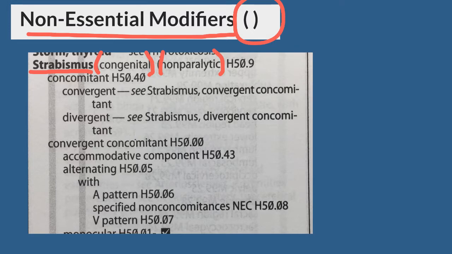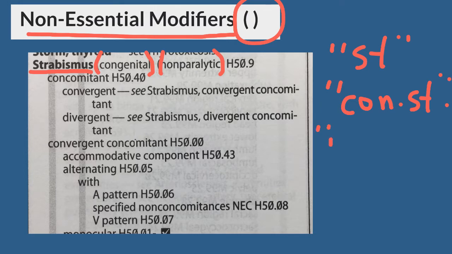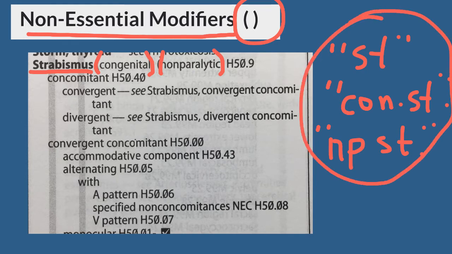Within any medical documentation, you could see strabismus documented, congenital strabismus documented, or non-paralytic strabismus documented. Any of these are going to be coded to H50.9. This code would be assigned whether or not these terms were included in the documentation. They are non-essential.